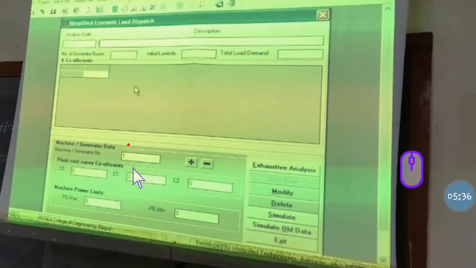Once you enter the first plant, go to enter, and it comes to the second plant with its C0, C1, C2, minimum and maximum. Once all generator inputs are entered, simulate the data and it will execute.